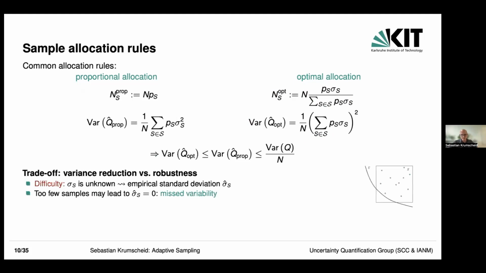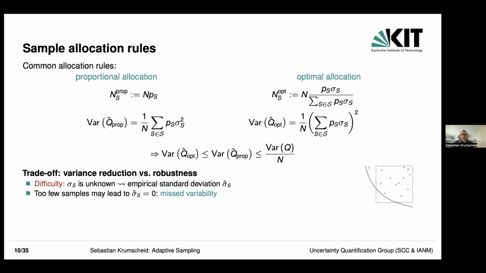Again, optimal allocation gives a lower one. Proportional allocation is an upper bound for the variance of optimal allocation. It's never increasing compared to a Monte Carlo estimator. Okay, it's bounded by the Monte Carlo variance.